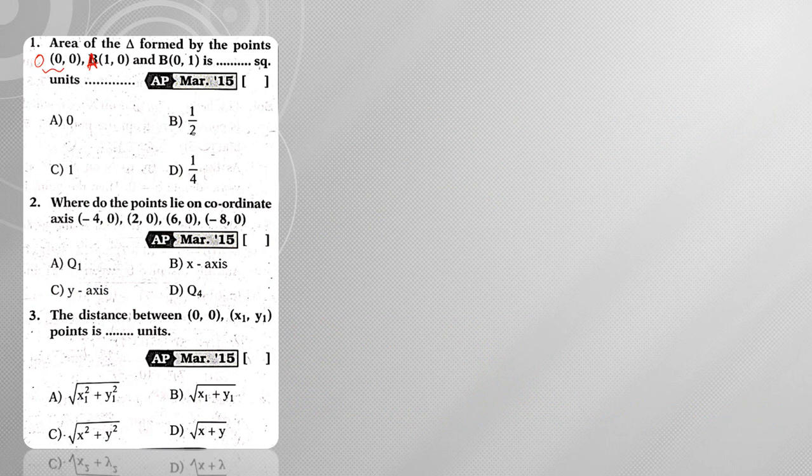Whenever one of the vertices is the origin, the area of the triangle is given by half into modulus of x1 into y2 minus x2 into y1. So you can remember this formula.